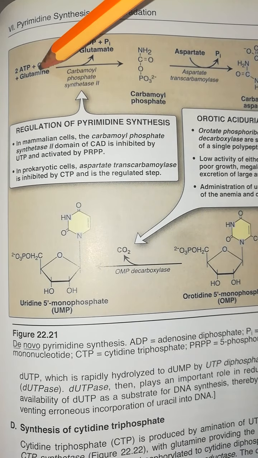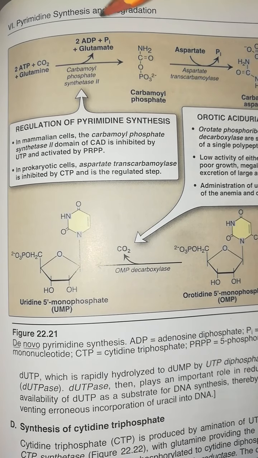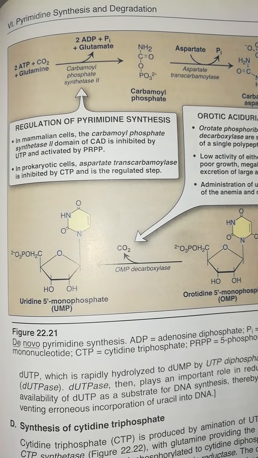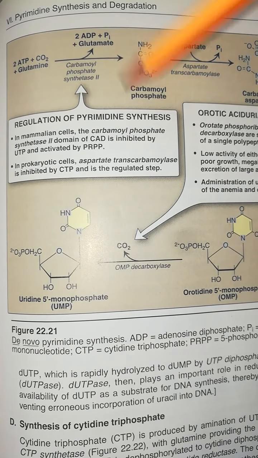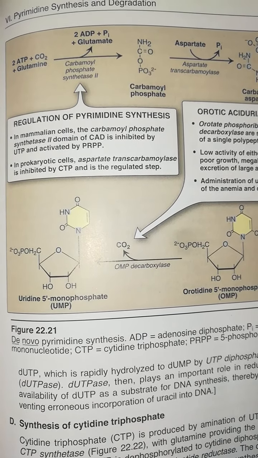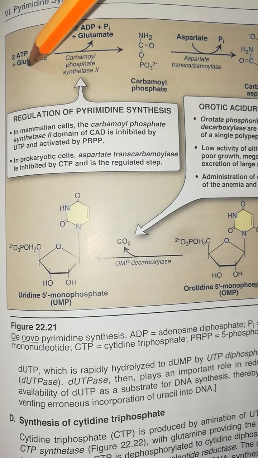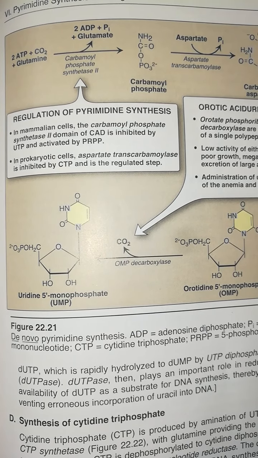Here glutamine acts and glutamate is removed. The enzyme is carbamyl phosphate synthetase 2. So ultimately we get carbamyl phosphate. The first step was synthesis of carbamyl phosphate. We get this carbamyl phosphate from glutamine, carbon dioxide and ATP. Here glutamate is removed.